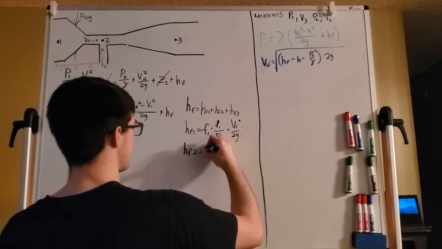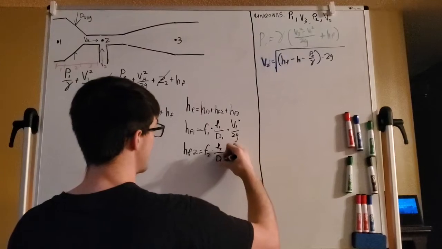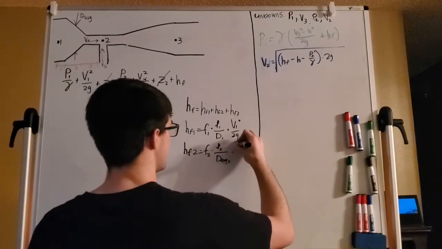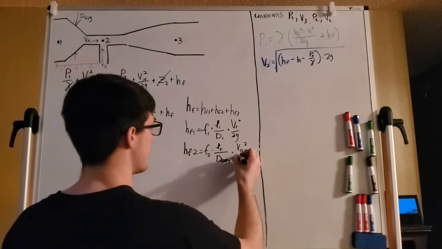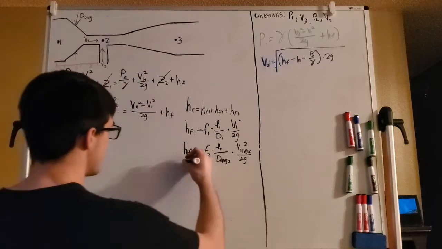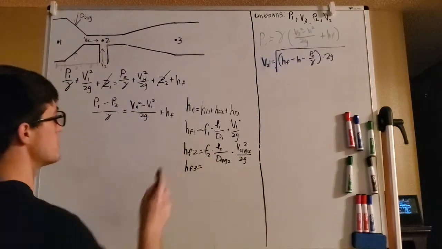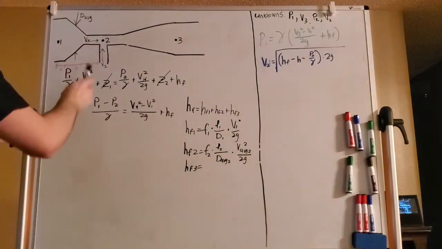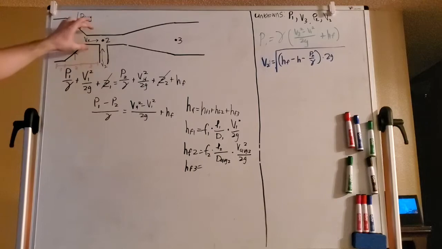For section 2, we of course have our friction factor times the length for 2 over the average diameter for section 2, times the average velocity for section 2 squared, all over 2g. The head loss for 3 is going to look very similar to the head loss for 1. It's just going to use the length through section 3, and it's a constant diameter, therefore a constant velocity.